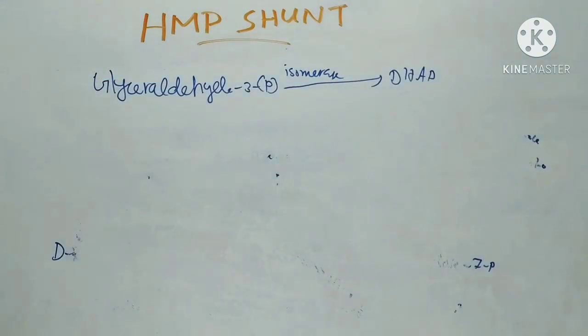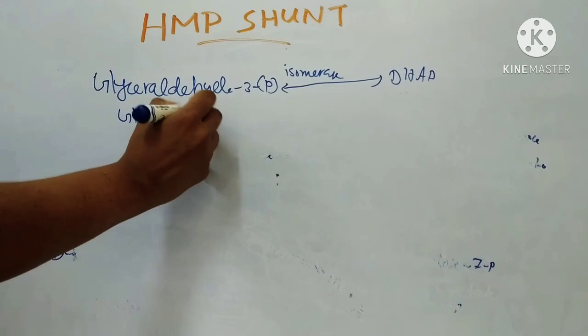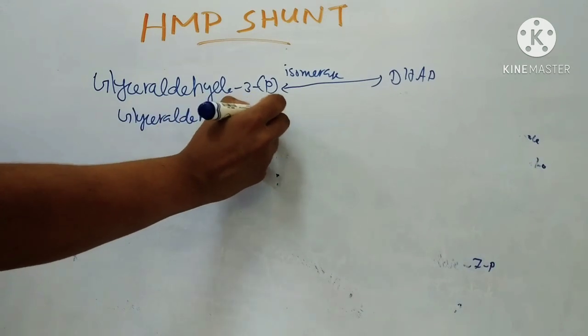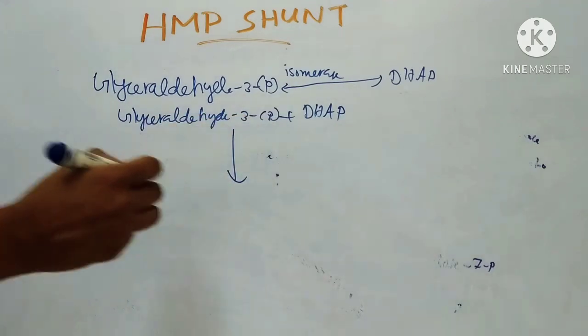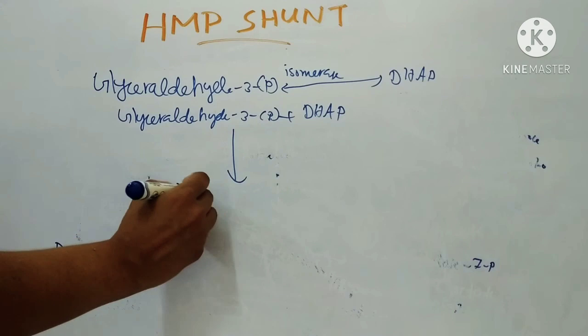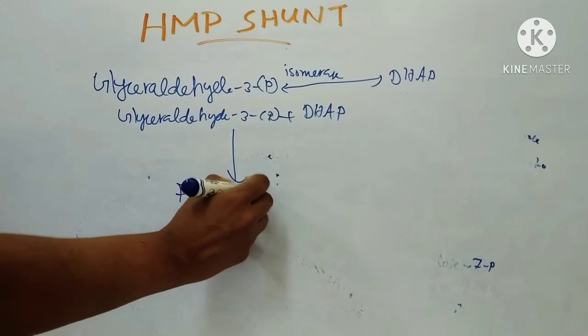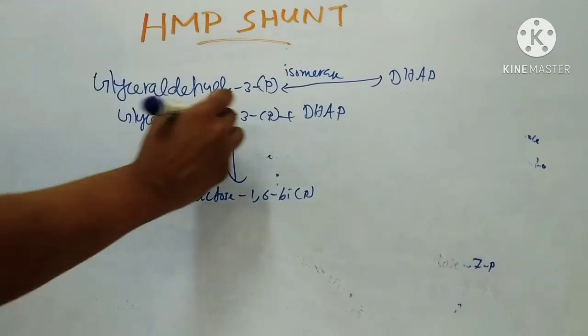Then glyceraldehyde 3-phosphate can combine with dihydroxyacetone phosphate and form fructose 1,6-bisphosphate by the enzyme aldolase.